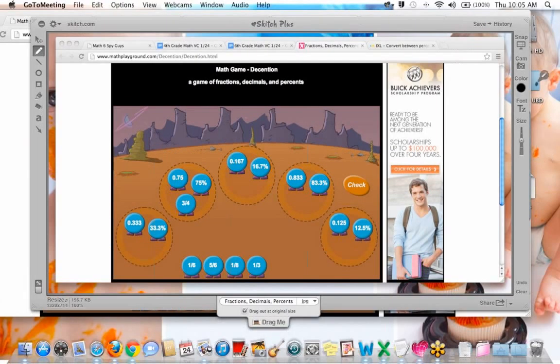Okay, so now, sorry, it gets a little smaller and it's not quite as easy to see, but at least I can write on top of it. All right, so we have 33.3%. How would I start if I wanted to take a decimal format and turn it into a percent?